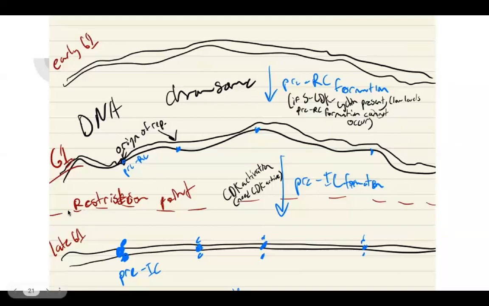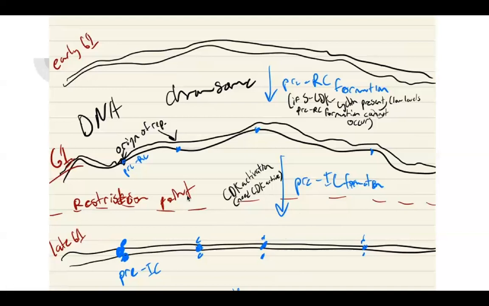but then those pre-RCs, after crossing the restriction point, are in late G1. And again, the restriction point is the point of no return. Once they're in late G1, that's when pre-IC formation will occur.